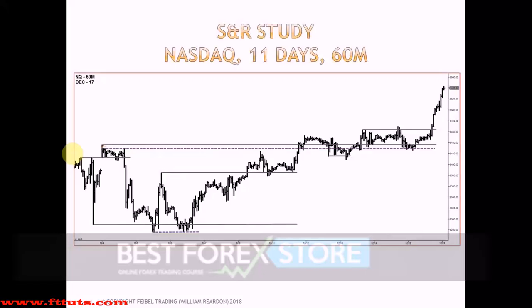It's touch, touch, touch, we hold. We break down, we hold, we break down, we hold, we hold, we hold. And this is at resistance. Now, when we come back down here, this is our support level.